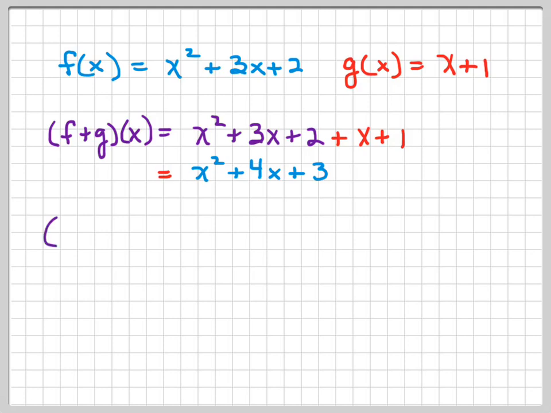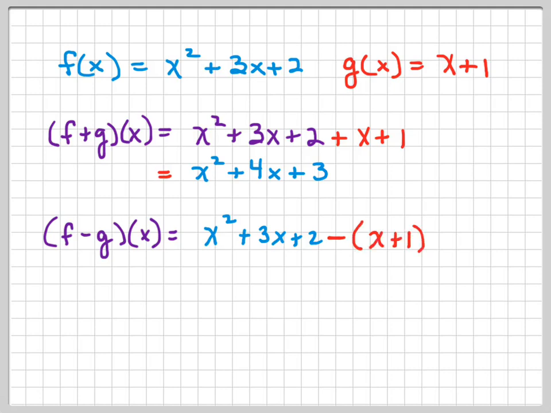Let's do a subtraction problem. f minus g of x. You have to be a little bit careful here. This is f of x. Now I want to subtract all of g of x, so I've got to put g of x in parentheses like that. So now I've got f of x up here, and I'm subtracting off the g of x.